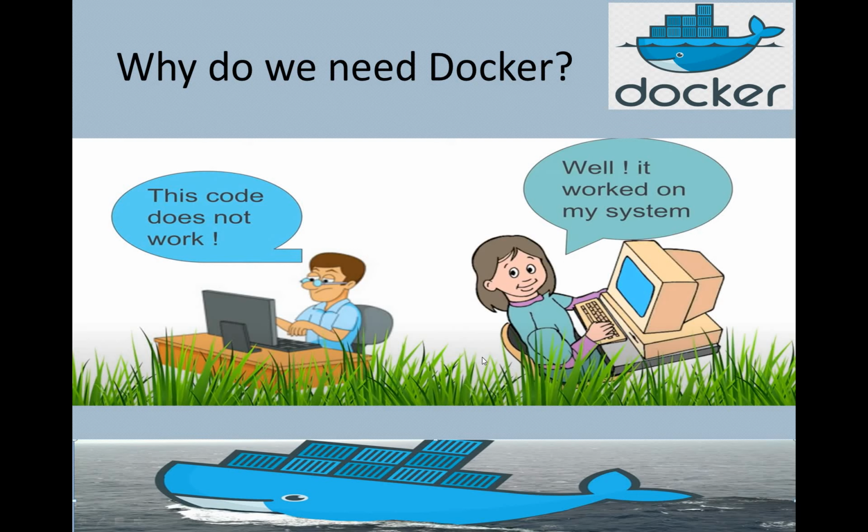And the third one is there are some requirements. Let's suppose I have thousands of customers and I need to deploy my software on their environment. And when I deploy it in their environment, then it starts breaking. So those are the problems which we face during the deployment of your application.